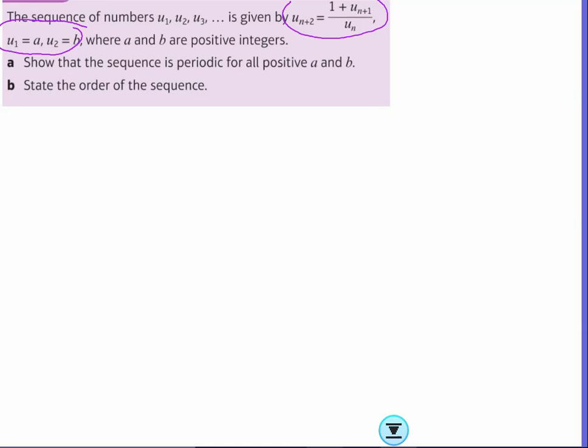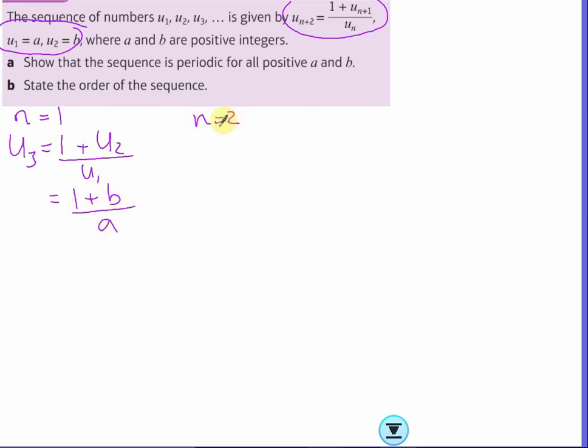Okay. Let's just go into our usual structure. So when n is 1, we're going to get the third term is 1 plus the second term over the first term. So that's going to be 1 plus b over a. So far so good.